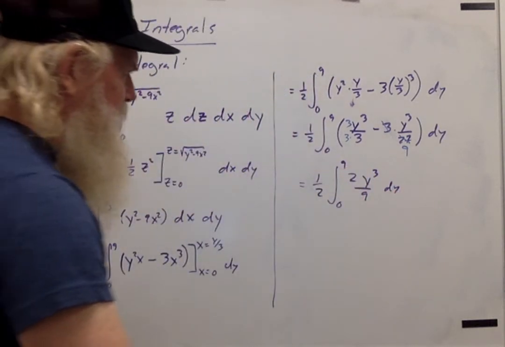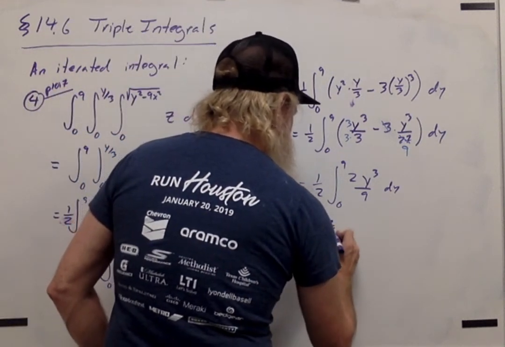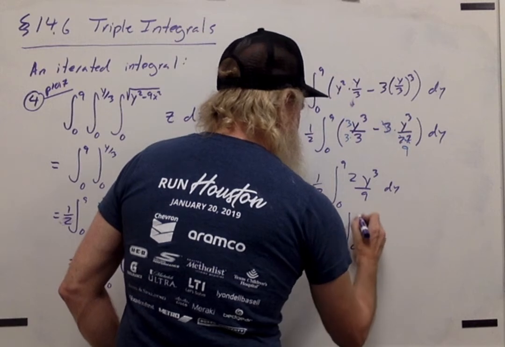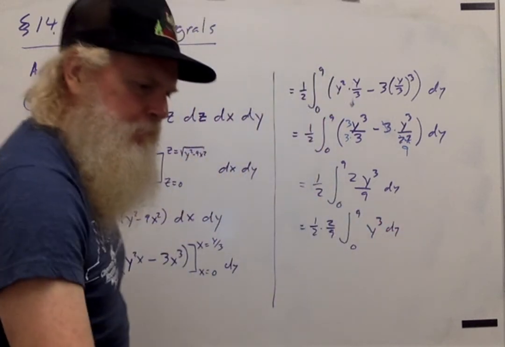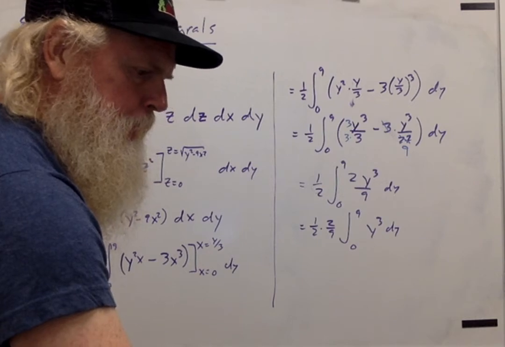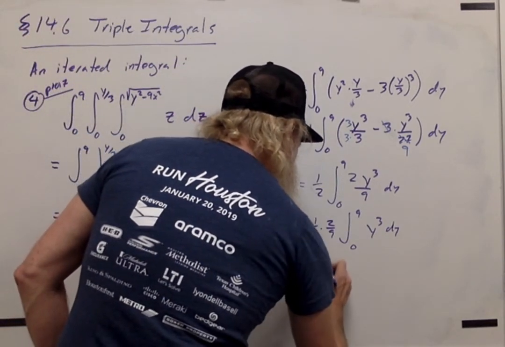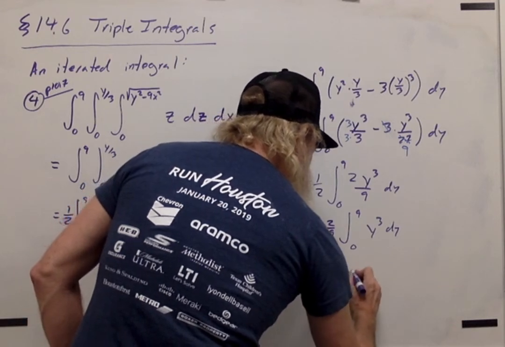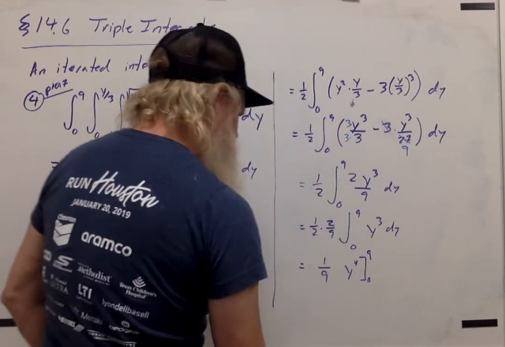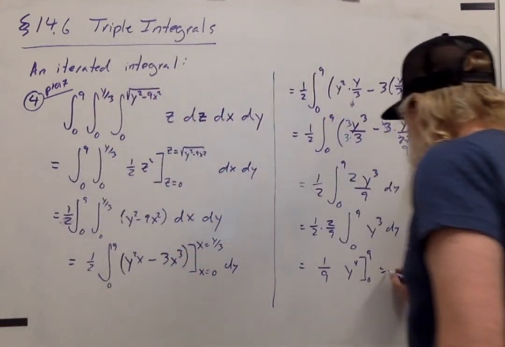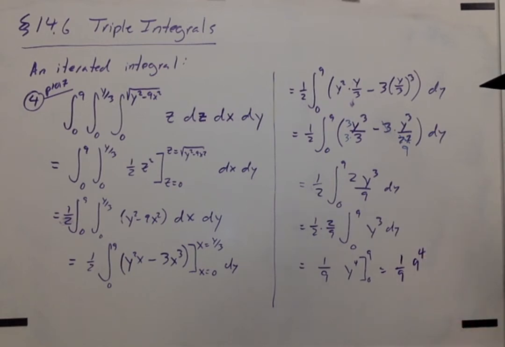Now let's go ahead and factor out that 2/9. So I'll have a half times 2/9 times the integral from 0 to 9 of y cubed. This gives me 1/9 times y to the 4th, taken from 0 to 9, which is 1/9 of 9 to the 4th minus 0.